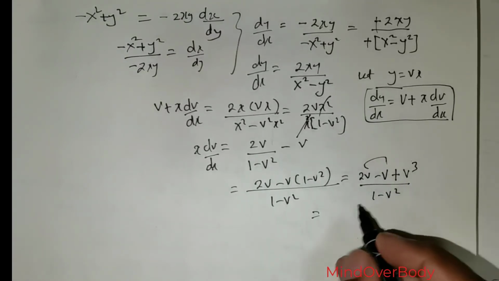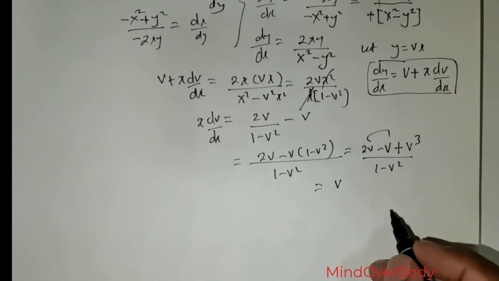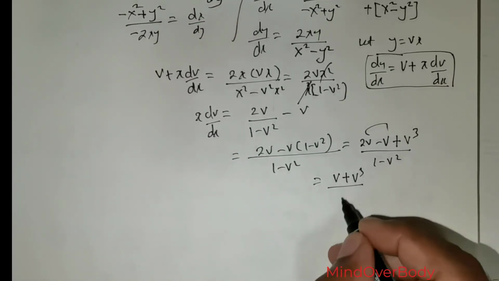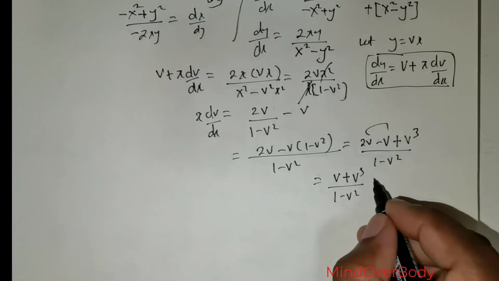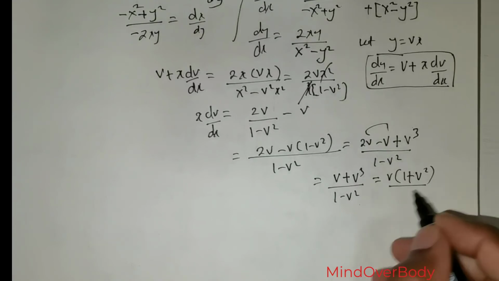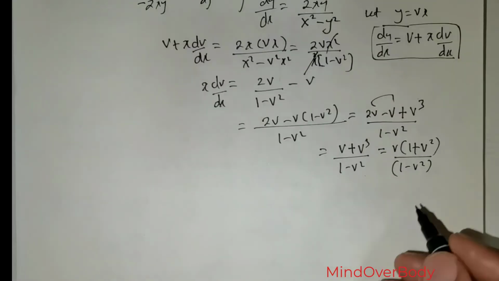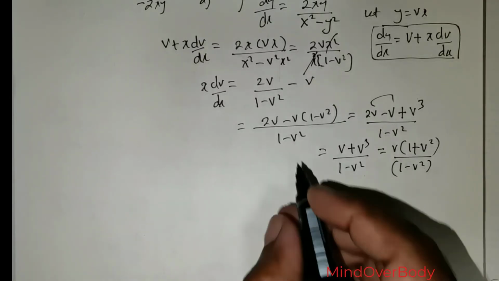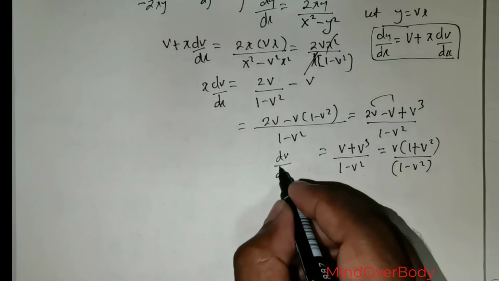So 2v and v can be summed up, so that's going to be v positive v cubed divided by 1 negative v squared. So I can take a v out, rewrite this as 1 positive v squared divided by 1 negative v squared. I have to just retain it as it is because I can't do anything as of now. So now I get dv on this side.